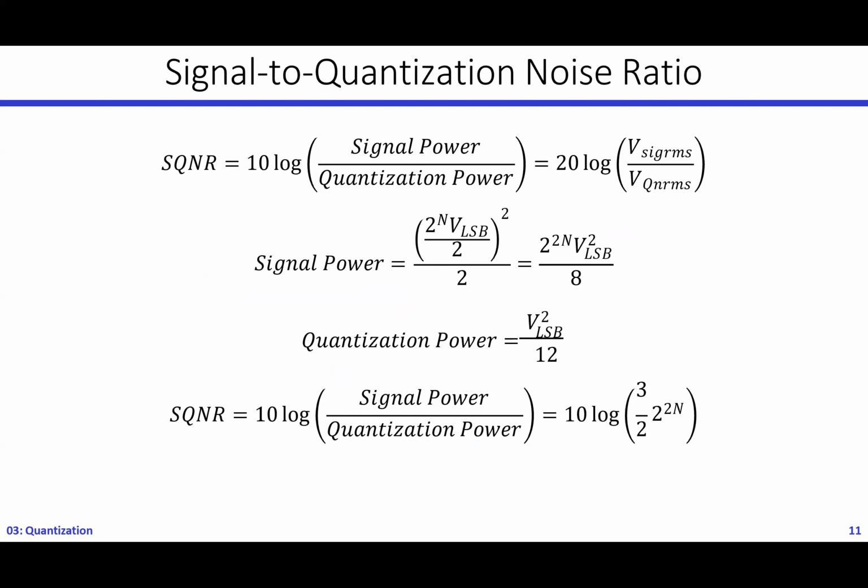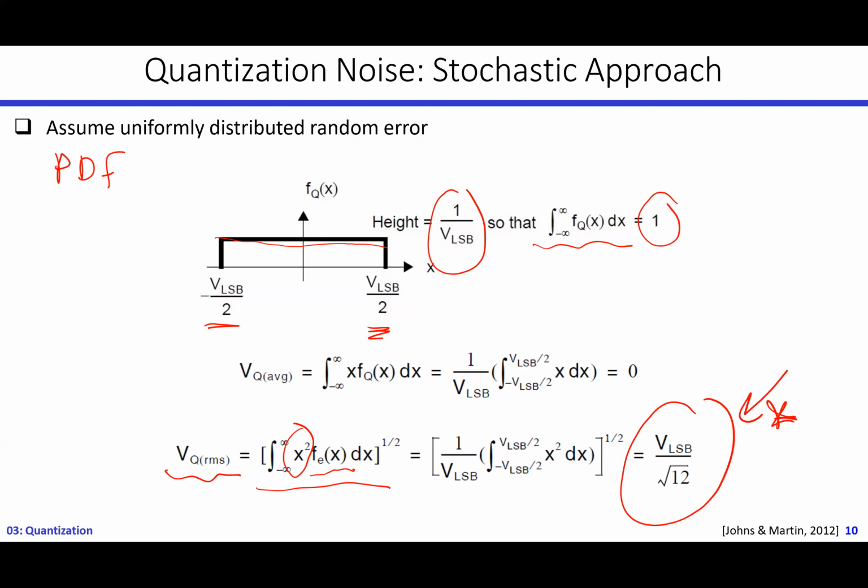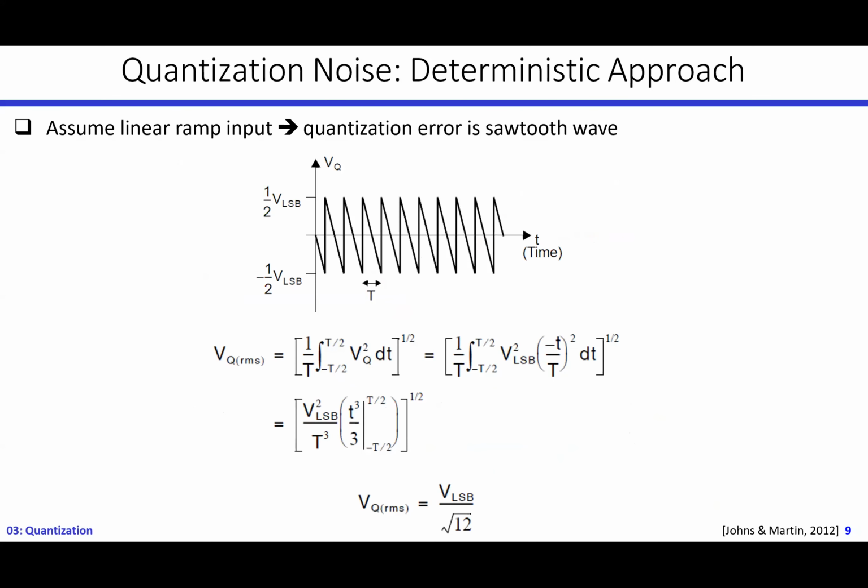Yes, ma'am. I was asking about these two approaches, the deterministic approach and the stochastic approach. We are trying to find the quantization error in case we have n greater than 6 bits. Yes, we are finding the RMS value of the noise for the cases when we have a larger number of bits, greater than 6 bits.